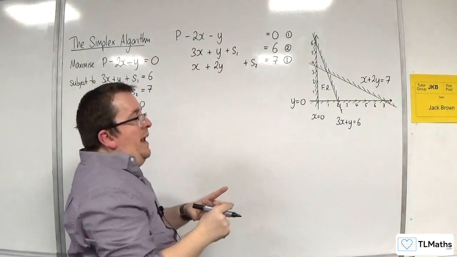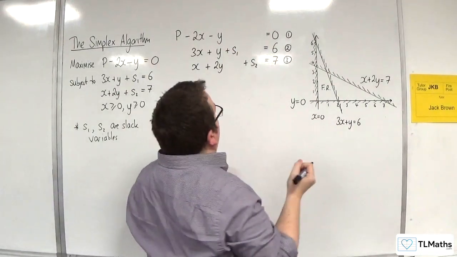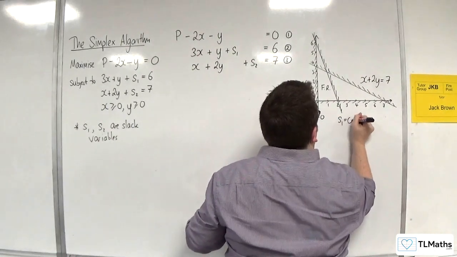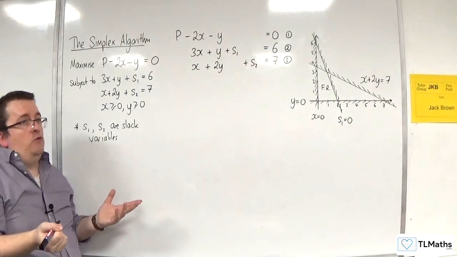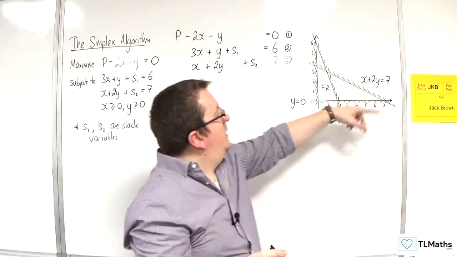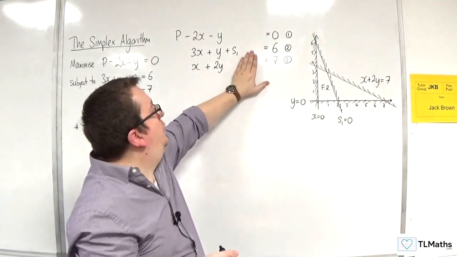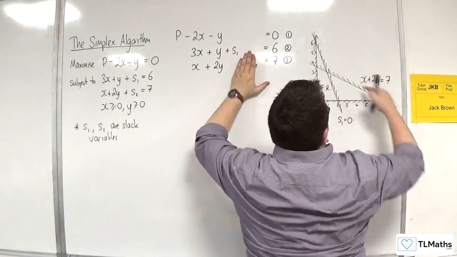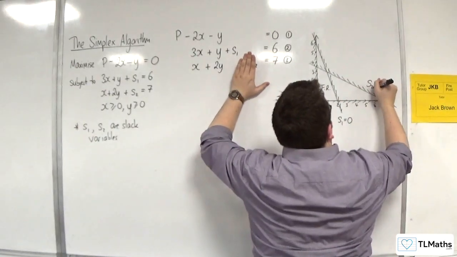So instead of calling that line 3x plus y equals 6, I could call it s1 equals 0. Because that is where s1 would be 0. And in a similar way, for x plus 2y equals 7, that is equation number 3 if s2 was 0. So this line can be called s2 equals 0.